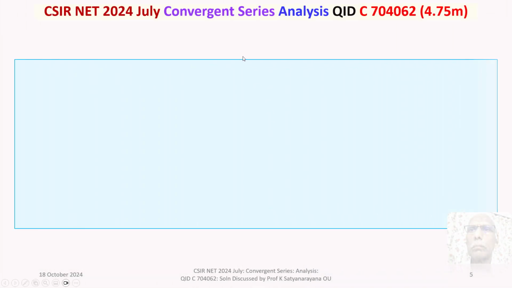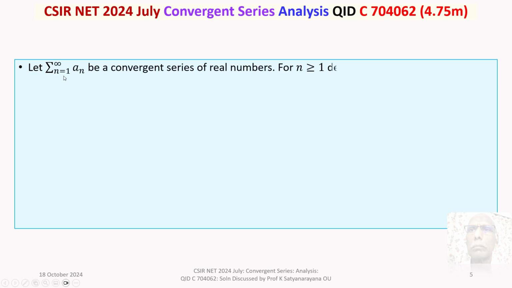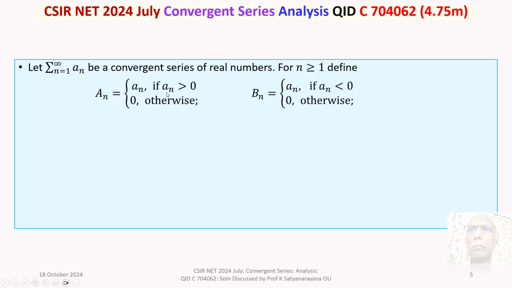Right. The given question is, let sigma n is equal to 1 to infinity a n be a convergent series of real numbers. Sigma a n is a series of real numbers and it is given to be convergent. For n greater than or equal to 1, define capital A n is equal to a n if a n is greater than 0, capital A n is 0 otherwise.